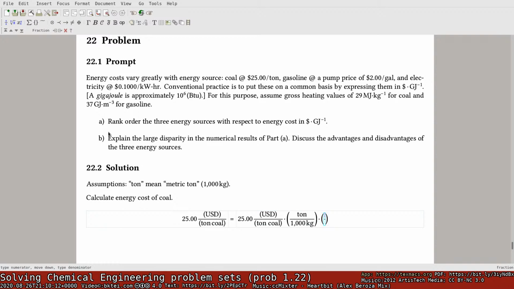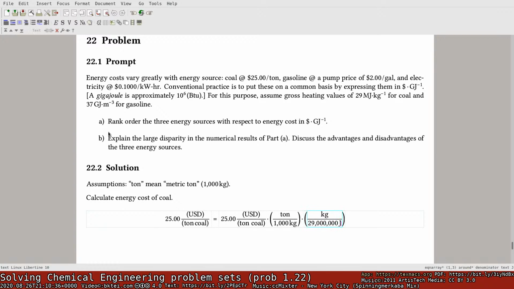And for every kilogram of coal, you get 29 megajoules, let's go in joules, 29 million joules.